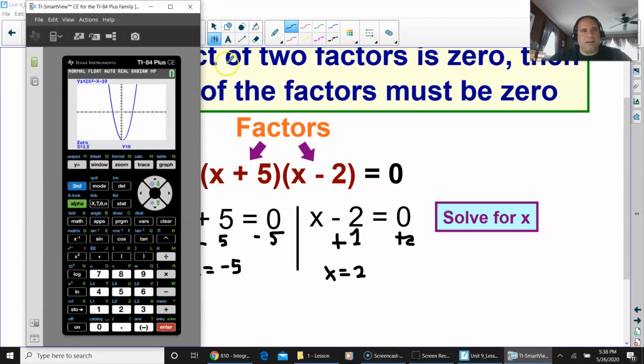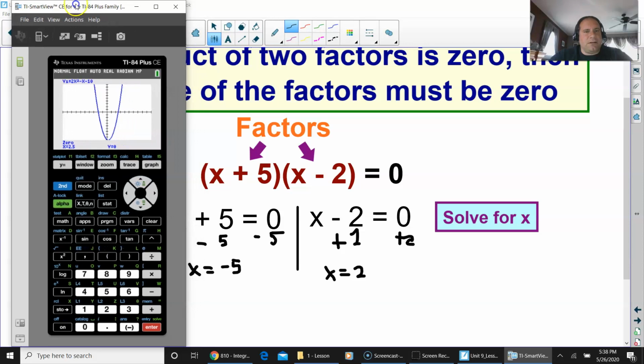If I could just get this up, and you don't have to do this, but I'll mess around. If you go ahead and put x plus 5 into the calculator, and just like it, x minus 2 into the calculator, close the parenthesis, you press graph, you'll see a parabola that crosses at -5, which is right here, and crosses at 2, which is right here.